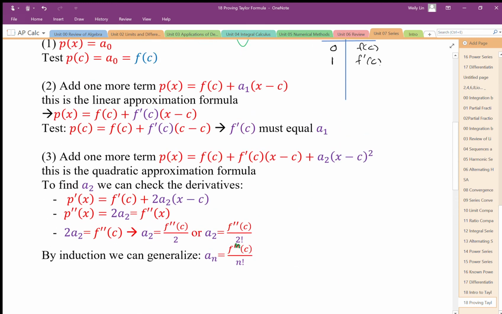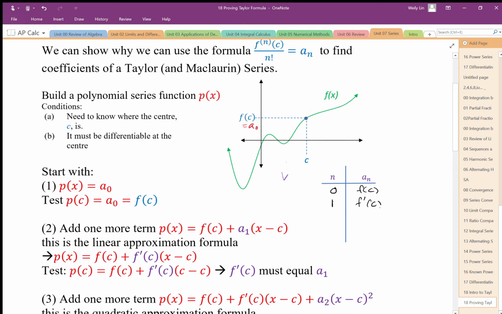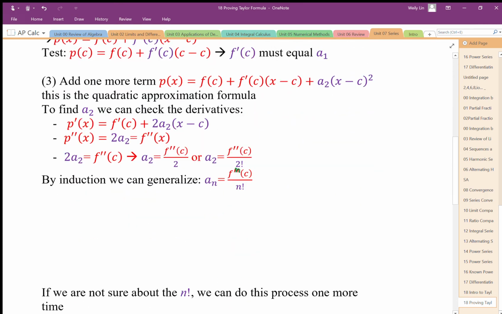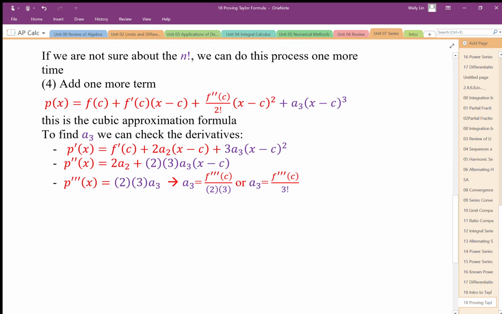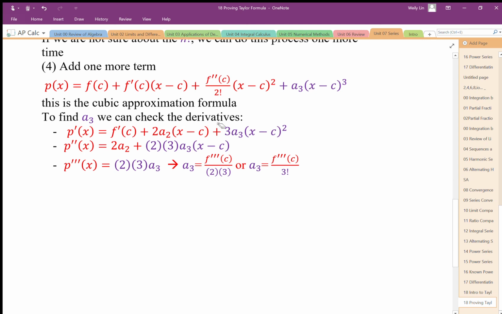If I go back to my function here, it's going to match a little bit better now, even a little bit better. So there's my cubic approximation formula. I can check these coefficients by differentiating again. I differentiate once, I get this. I differentiate twice, I get this.